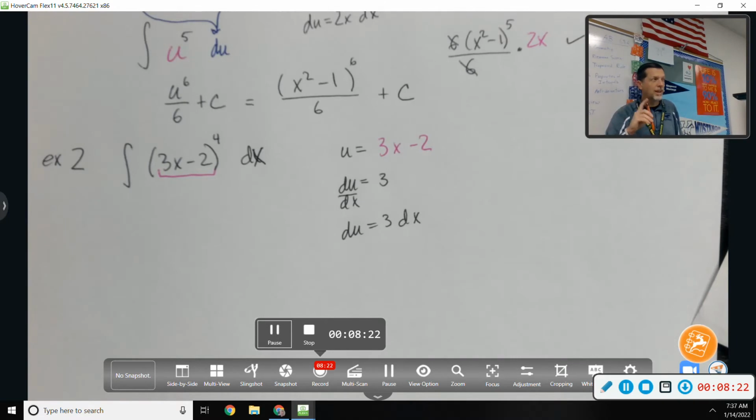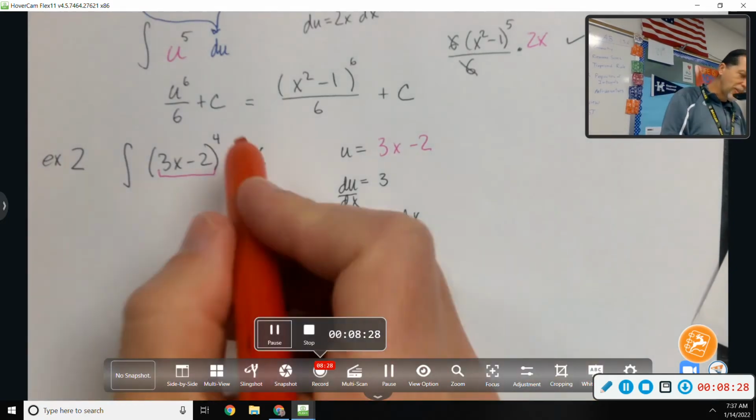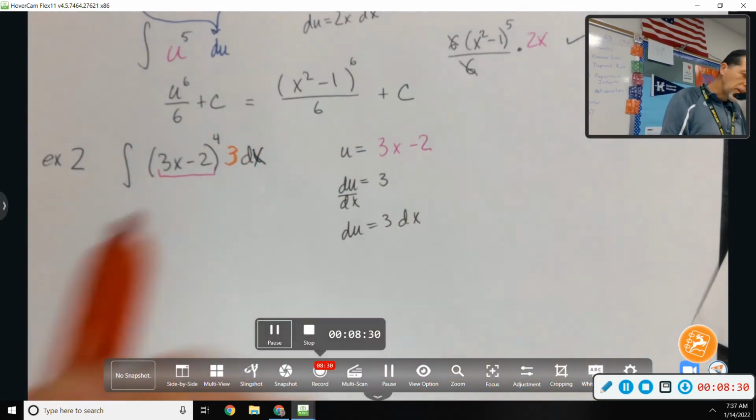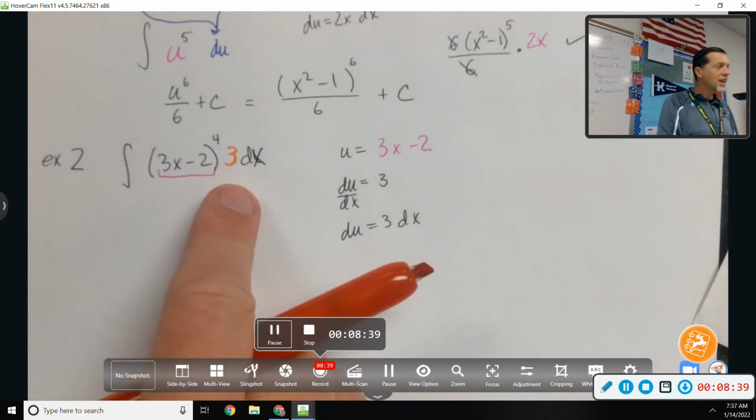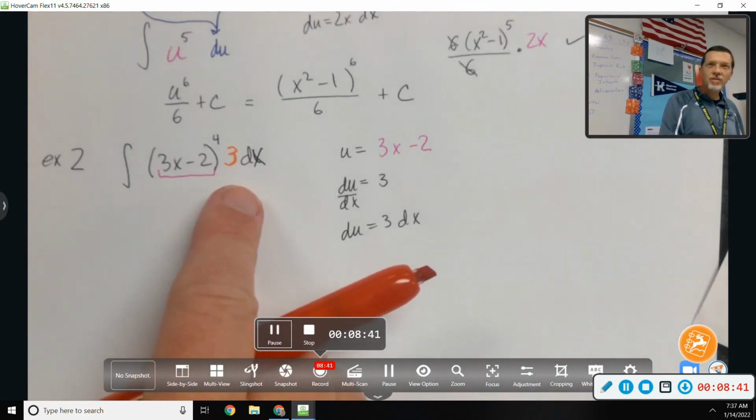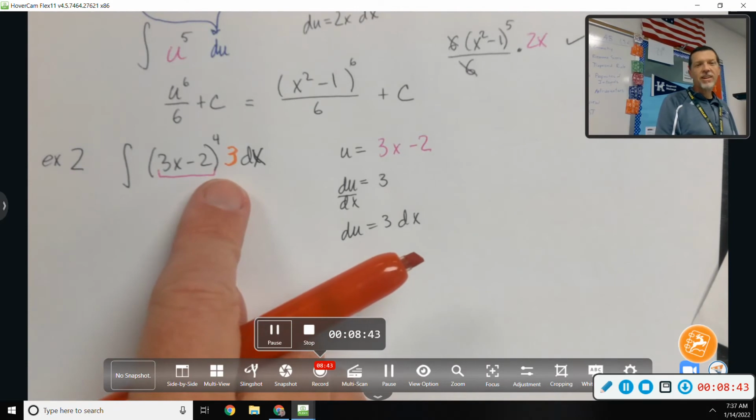But what I can do, only with numbers, don't do this with variables, but with numbers, I can say, well, I would really like to have a 3 dx in there, so maybe I'll just put a 3 dx in there. Now, you're right to make that face, because that's not legal. But if I put a 3 in there, I could put something else somewhere else to basically counteract that 3.